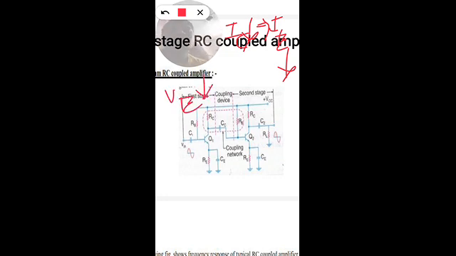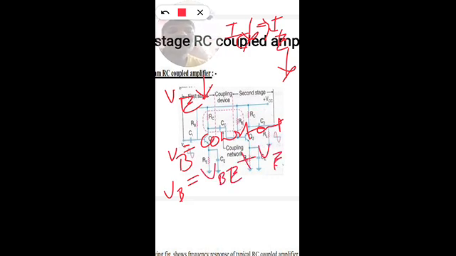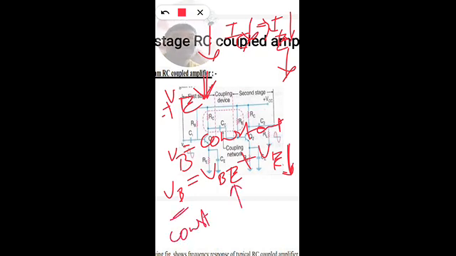Since VB is constant and VB is equal to VBE plus VE, when VE decreases with decreasing IC and IE, there is a corresponding increase in the VBE.